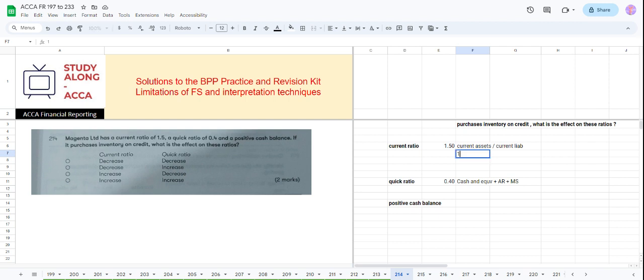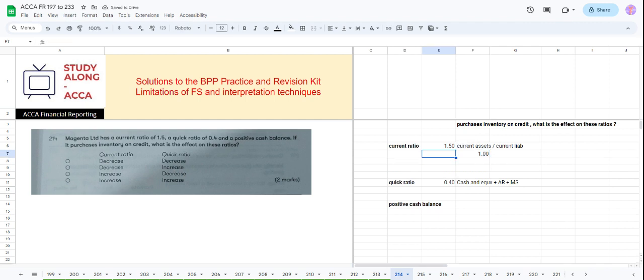So say our assets is 100 and liability is 50. Or let's take 100 only. They have this current ratio of 1.5. So how will we get to that?